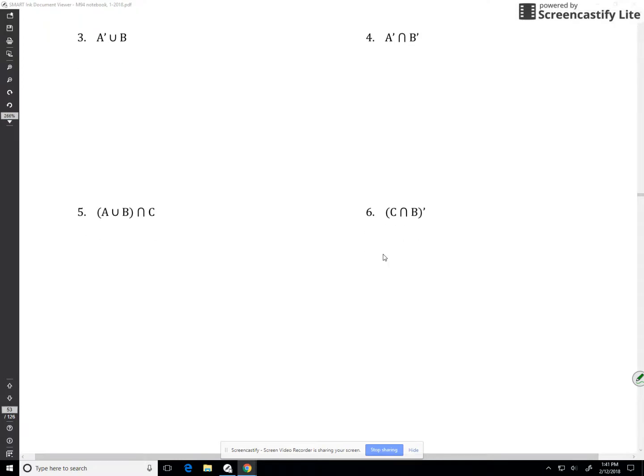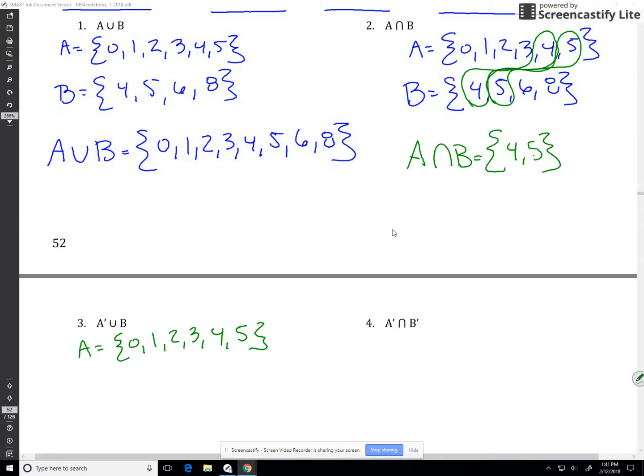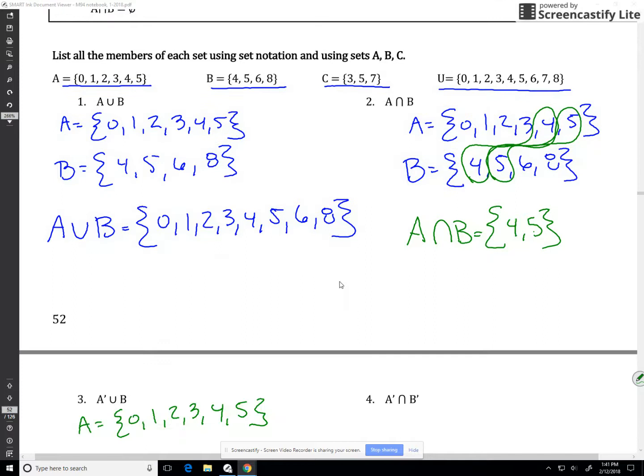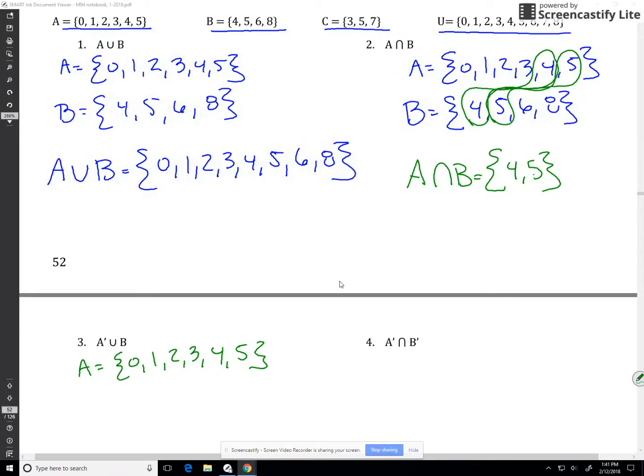Okay, so remember A is equal to the set 0, 1, 2, 3, 4, 5. Okay, and it is a member of our universal set. So universal set, if we go back to the previous page, we can say the universal set goes all the way up to 8.